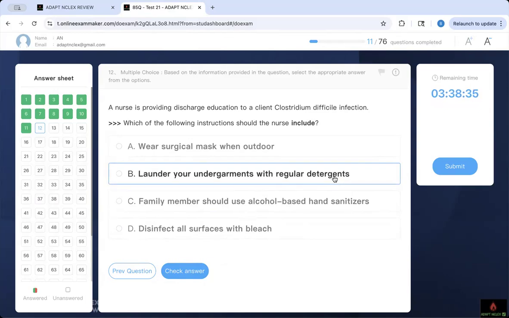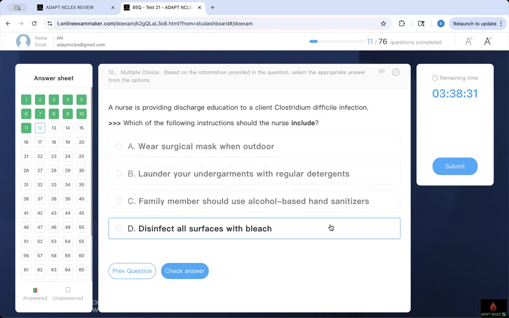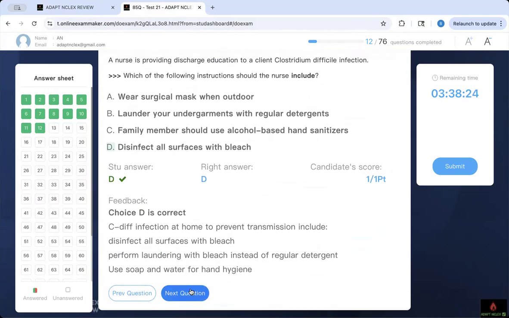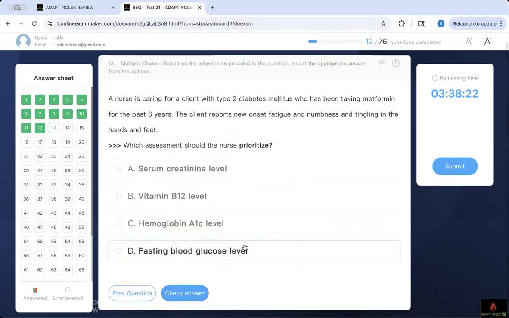Bleach is going to kill it. Family members should not use hand sanitizers, but soap and water. Therefore, disinfect all surfaces. That's your right answer. This is a hard question, but it's pharmacology. If you don't know, stop the video, write this concept down. Next time when you see it, remember, Adapting NCLEX got your back.